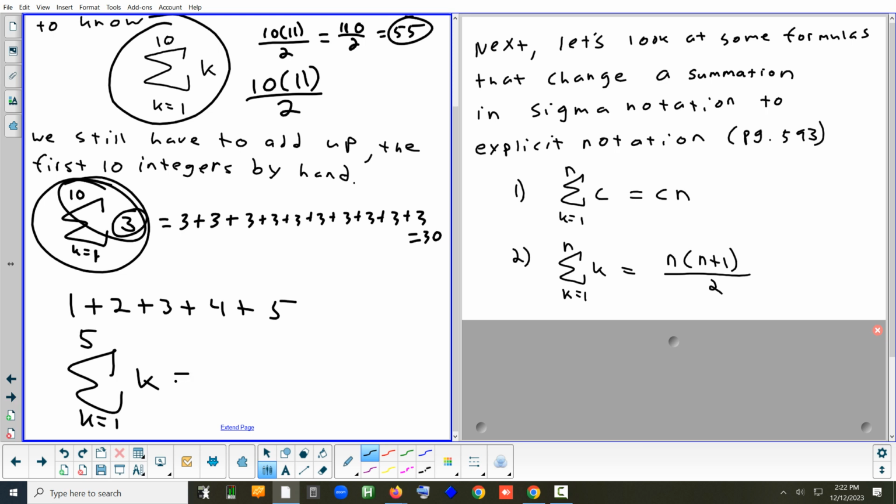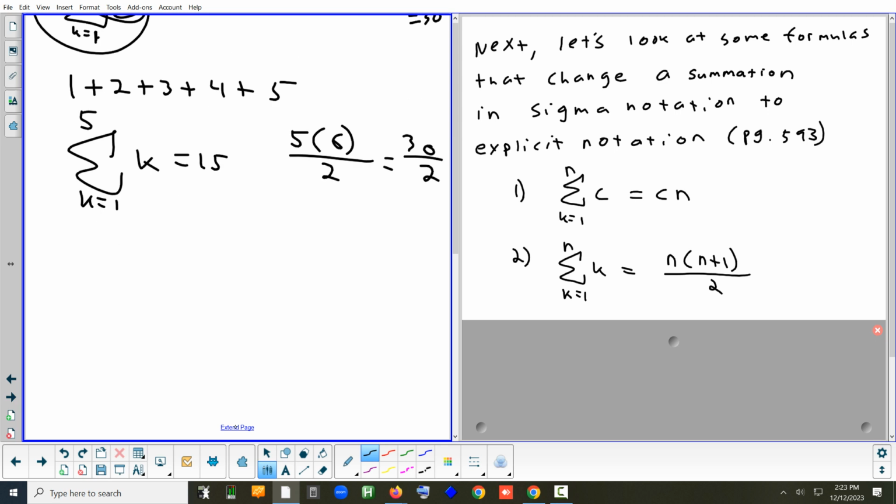You get 15. Okay, now, what was n in this case? N was 5. What's n plus 1? 6. And divide by 2. What's 5 times 6? 30. And what's 30 divided by 2? 15. 15, what they added up to.